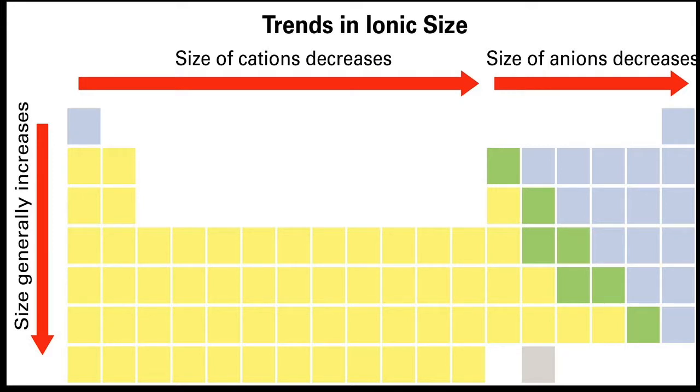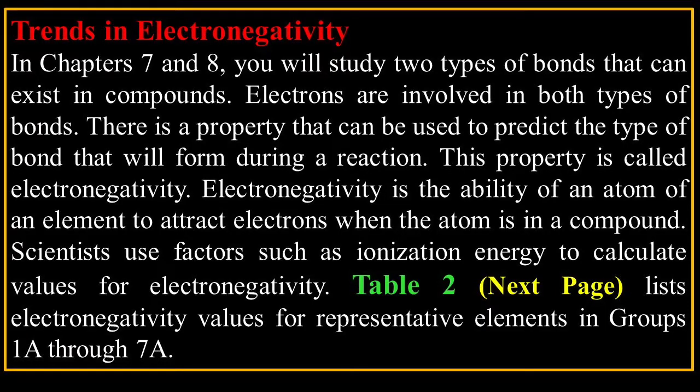So, vertically, it generally increases as you go down a column or family, and the cations decrease, which are smaller than the corresponding anions in a period, and then the size of the anion also decreases, going from left to right.